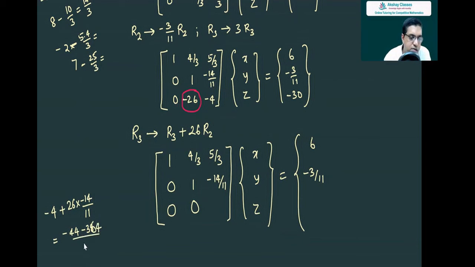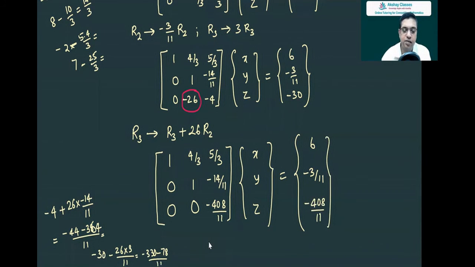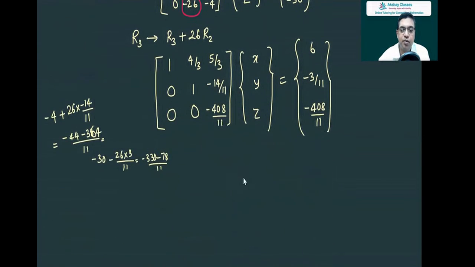We did that. You get 408 by 11. And here also we get minus 30 minus 26 into 3 by 11. So minus 330 minus 78 by 11. So again you get minus 408 upon 11. So the problem simplifies very quickly. So I'm erasing all these calculations.